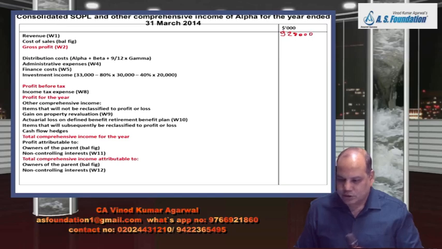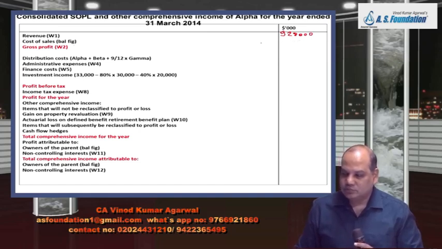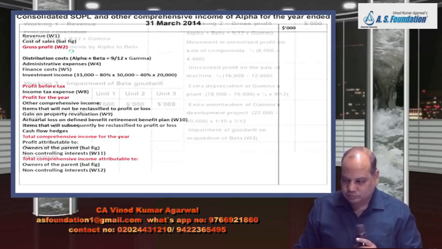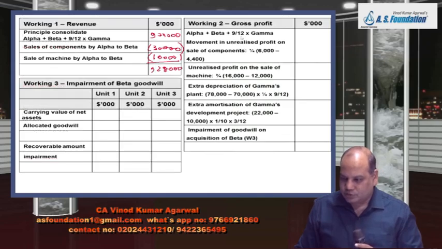Now understand here in this problem, to just simplify, cost of sale we will write balancing figure. But there is no necessity. You can also prepare cost of sale working note and then gross profit balancing figure. Gross profit working note 2. So first we will add the gross profit of the three companies, but Gamma we will take 9 by 12. So take your calculator.